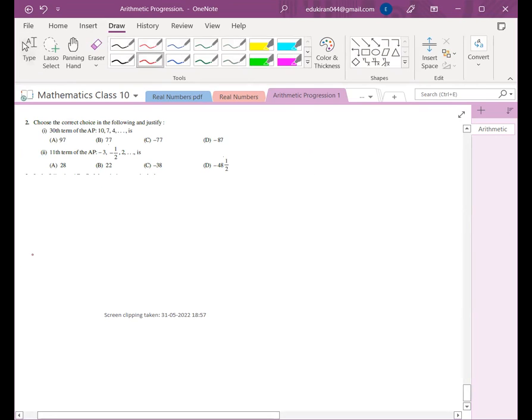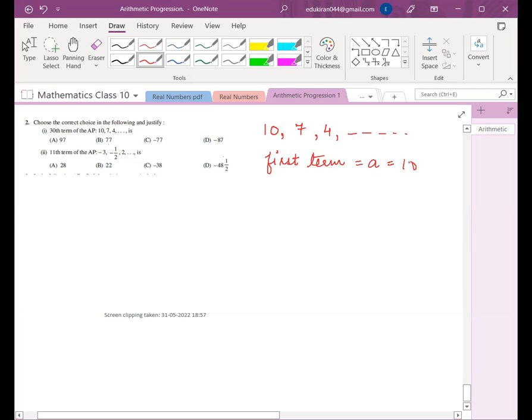Look here. Choose the correct choice in the following and justify. Okay, first part: the 30th term of the AP is how much? This is direct use of the formula, isn't it? An AP is given. This is the given AP. Clear, Abdullah? Yes. Okay, what is the first term? 10.